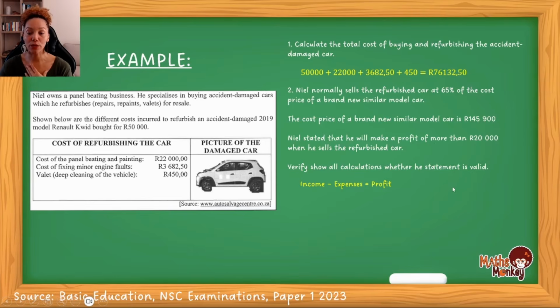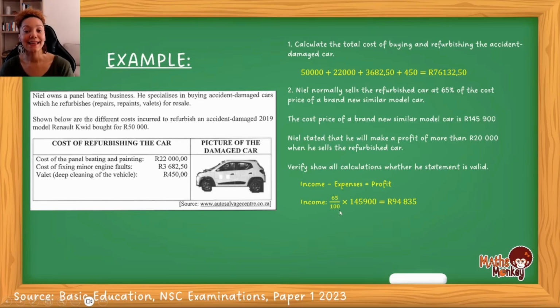So the way we would approach this is we would note that profit is equal to income minus expenses, right? So his income for this specific car would be what he's actually going to sell the car for. So that's 65% of 145,900, and it will give you 94,835.